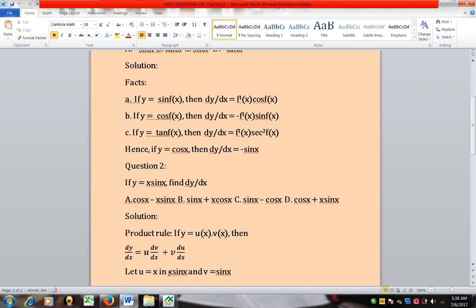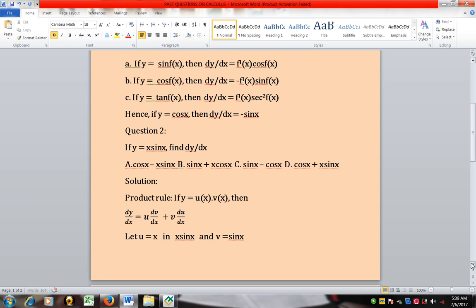Remember the formula states that dy/dx will be u times dv/dx plus v times du/dx.